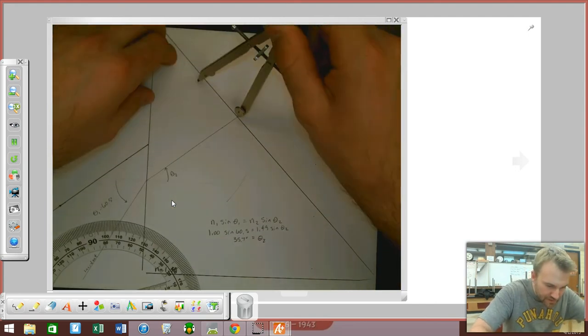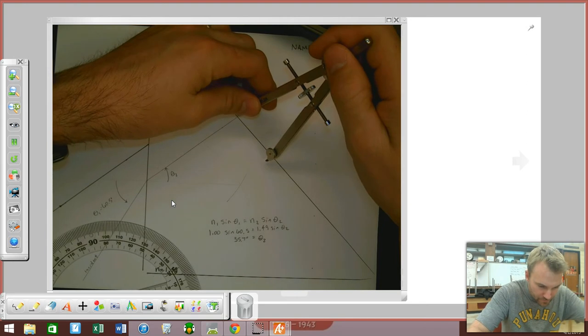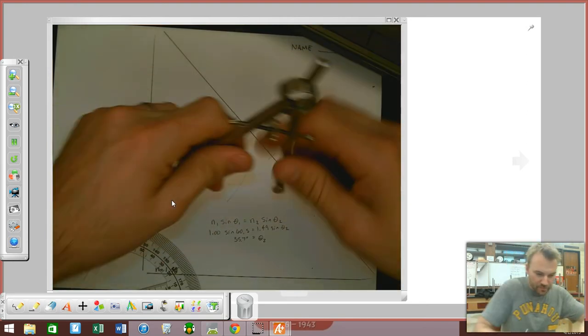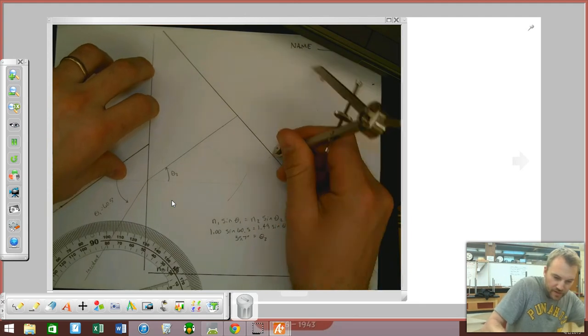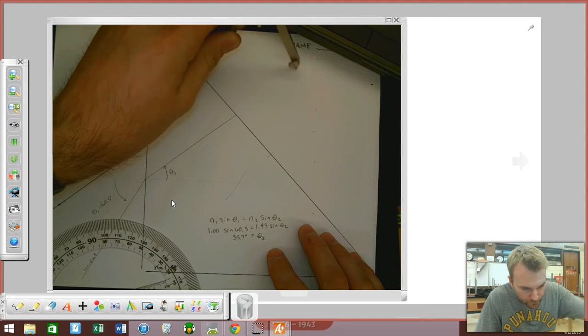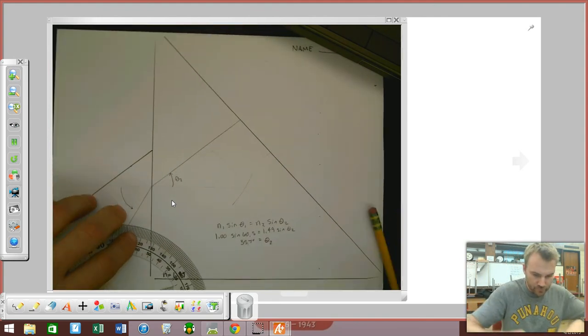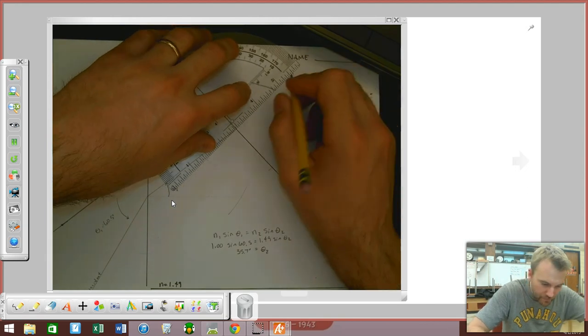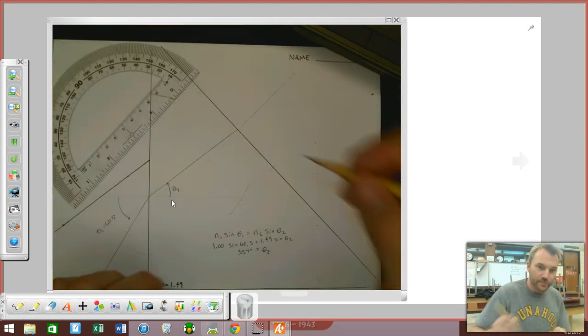I mean, it looks like it's hitting at a right angle, but we'll see. We may only have a few degrees here. Open up my compass, go on this side. Yeah, there we go. So here's my normal.